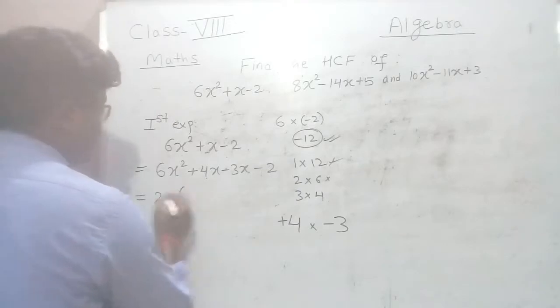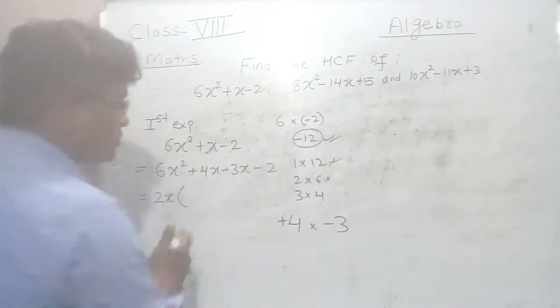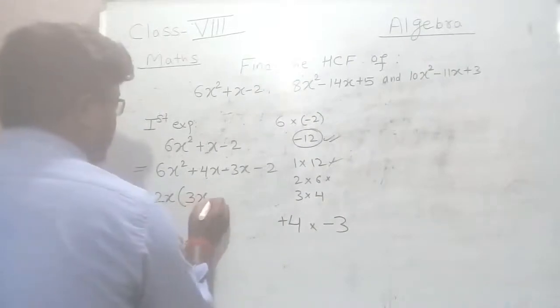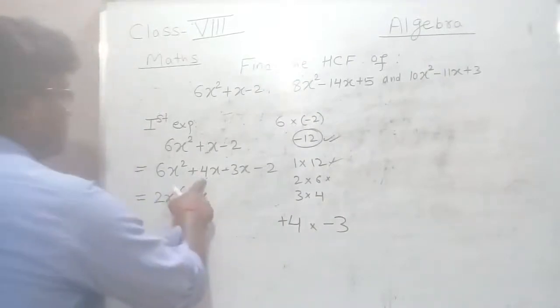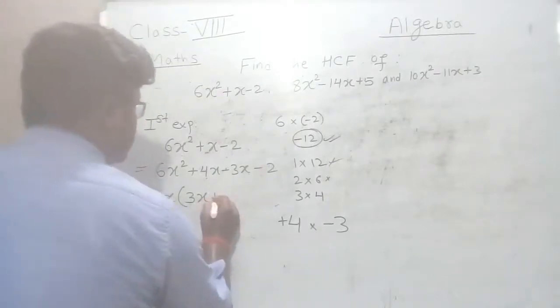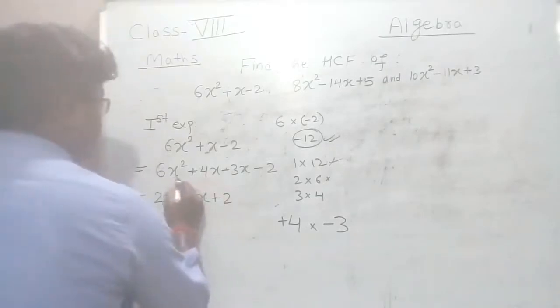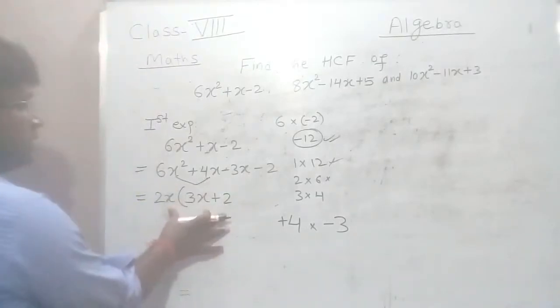So we take 2x common. From 6x square, 2x taken as common leaves 3x. From plus 4x, 2x taken as common leaves plus 2.